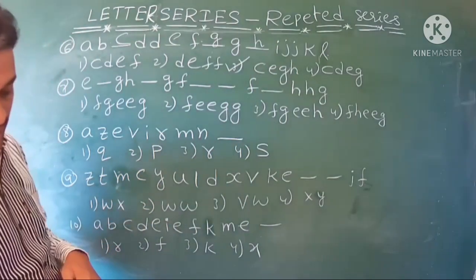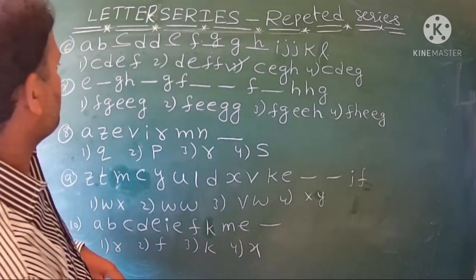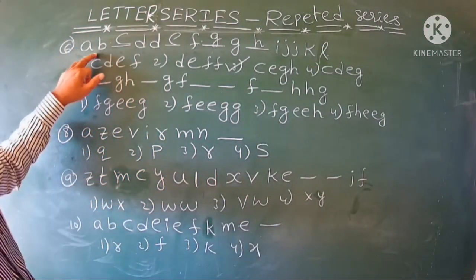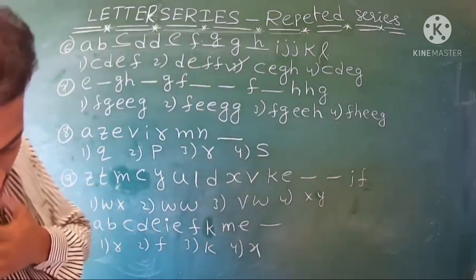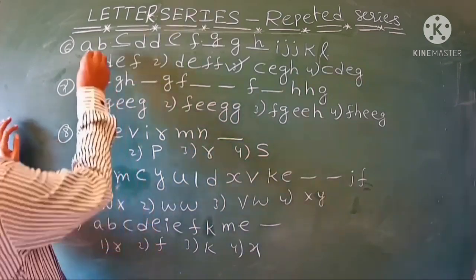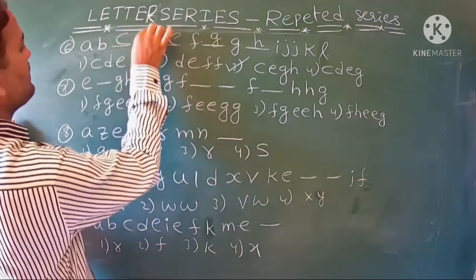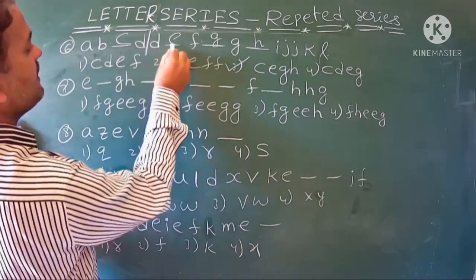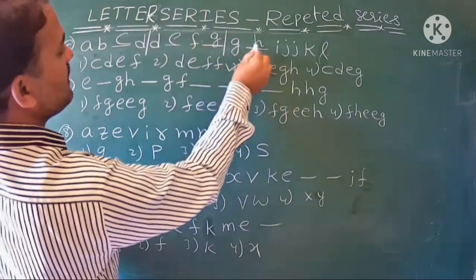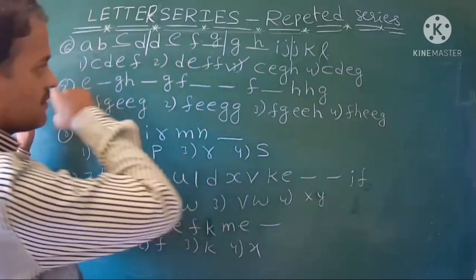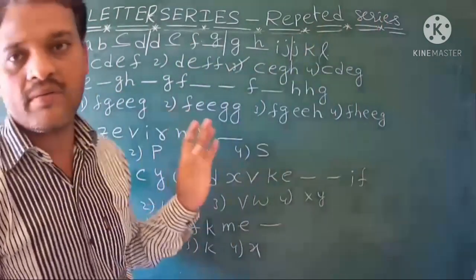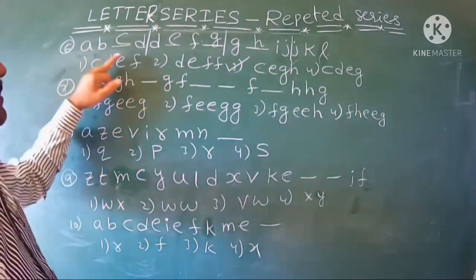What is the pattern in the sixth one? AB, CD, and again DE, FG, GH, IJ, JK, L. Like that, you get a continuous sequence. So this is the third option.